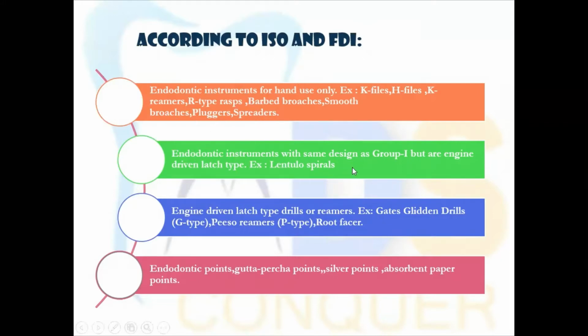Examples are Lentulo spirals. And Group 3, these are the engine-driven latch type drills or reamers. Examples include Gates Glidden drills and piezo reamers. And Group 4 includes the endodontic points such as gutta percha points, silver points, and absorbent paper points.